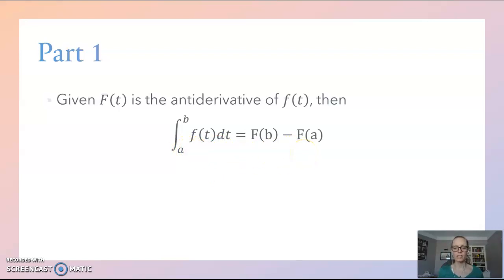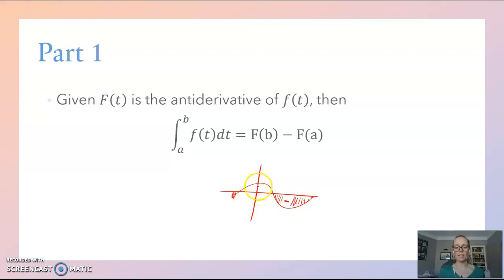And when you do this, you are calculating what is called signed area. So if I have a function here that looks something like this, and these are my bounds for my integral, then any of the area between the function and the x-axis that exists below the x-axis is considered negative area.